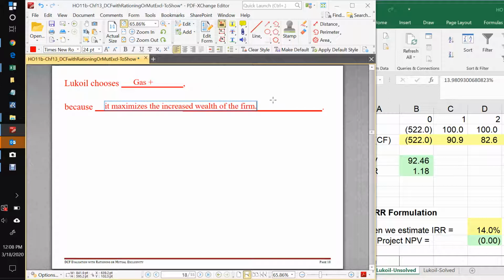Can only do one of these projects, so you want to always pick the one that maximizes the increased wealth of your firm.